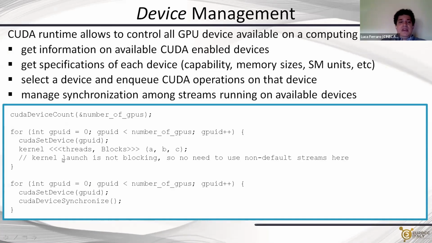Of course, you need to synchronize at some point. So you can, for example, select the device in another loop and call CUDA device synchronize on all the 4 devices, if you need to ensure that every GPU has finished its work.